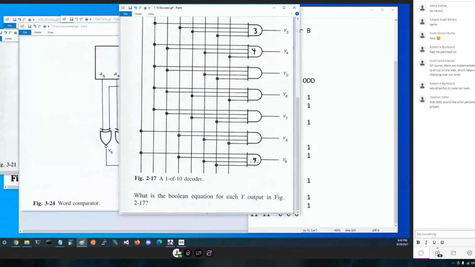Now, what's going to happen if the register contains hex A through F? Raise your hand if you know. Do all of them turn on? Does the wrong one turn on? Somebody take a stab at it.